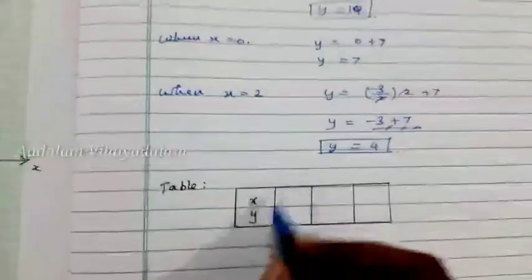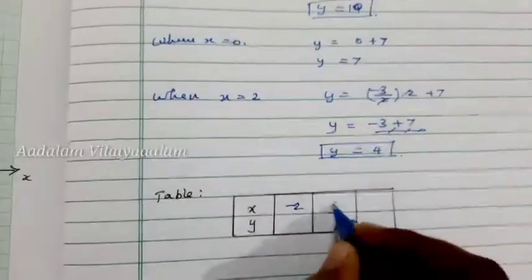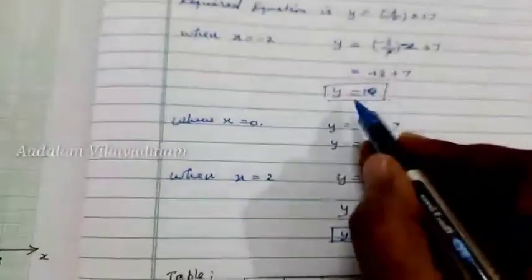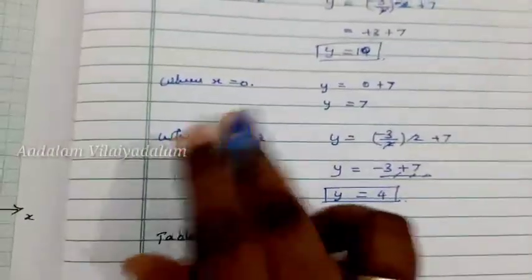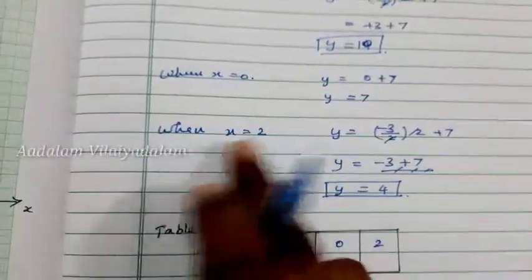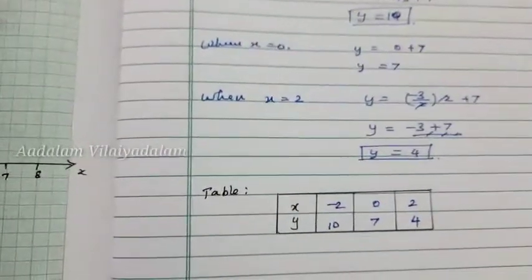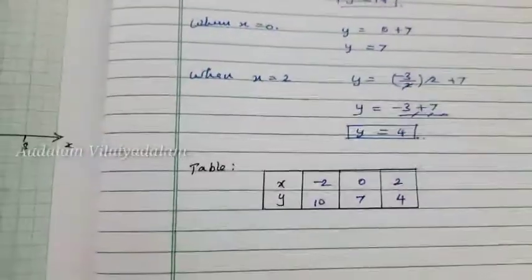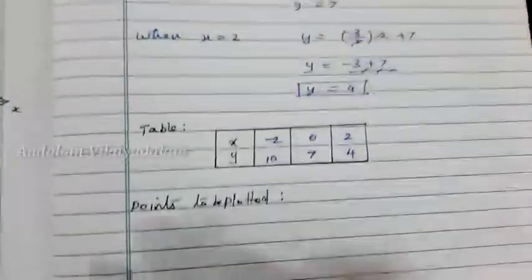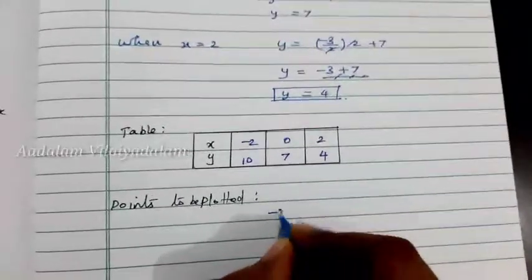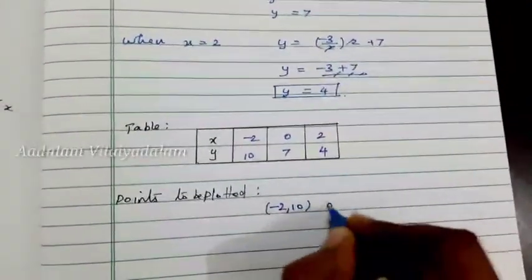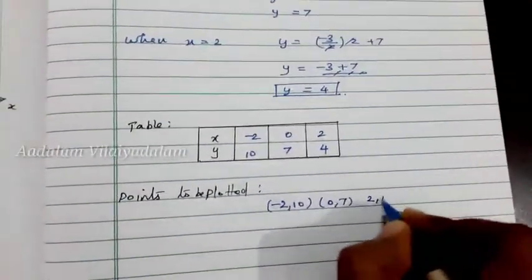For the x we have chosen minus 2, 0, plus 2. For the y we get 10 for minus 2, 7 for 0, and 4 for 2. So the points to be plotted in ordered pairs are (-2, 10), (0, 7), (2, 4).